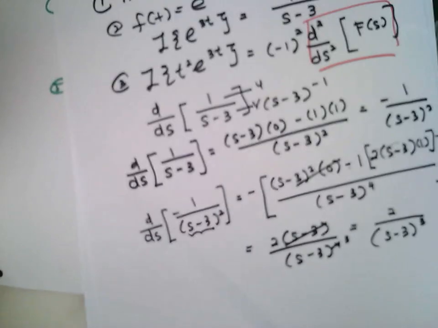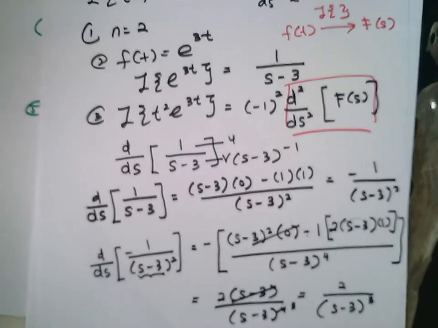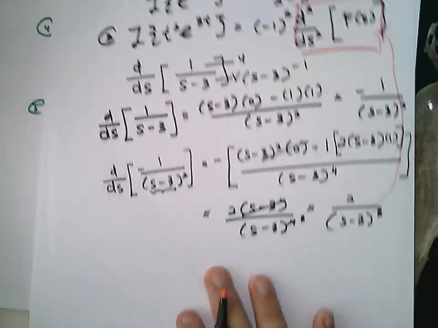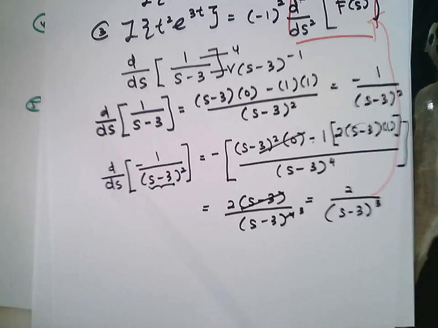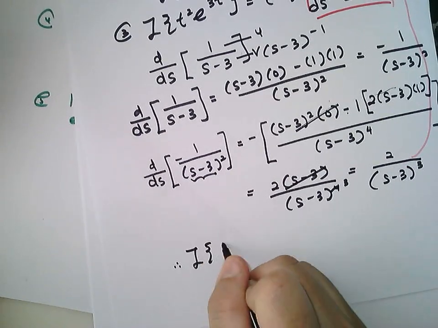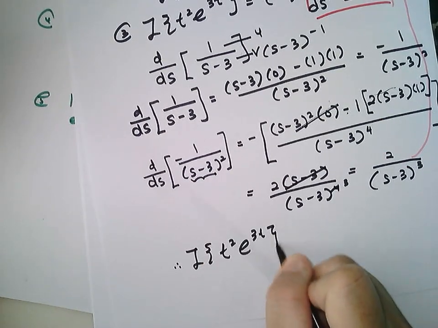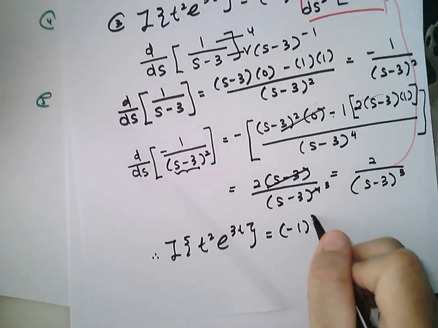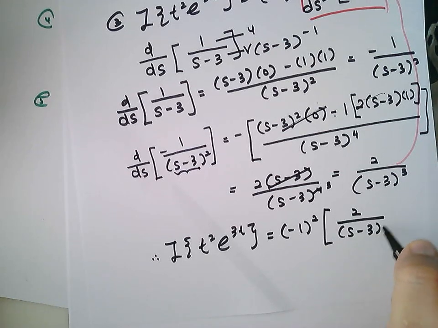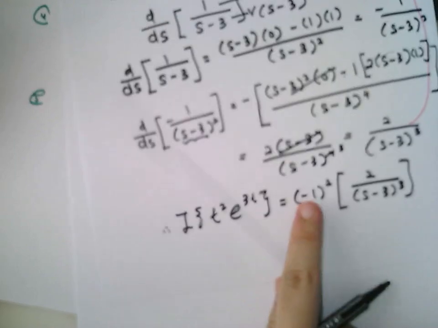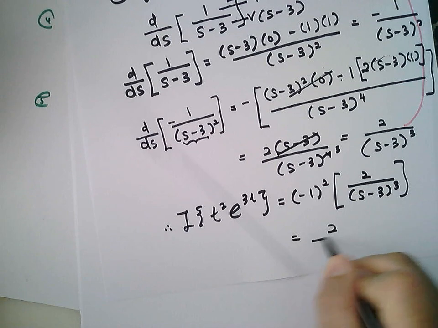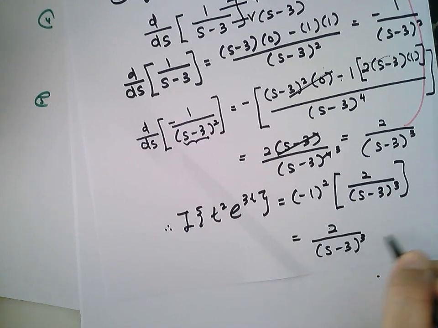Substitute what you have back into the formula. Therefore the Laplace of t squared e^(3t) is equal to (negative 1) squared times 2 over (s minus 3) cubed. Since this becomes positive, you end up with the same answer: 2 over (s minus 3) cubed.